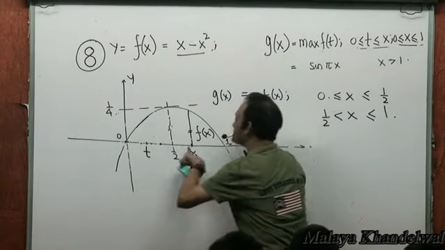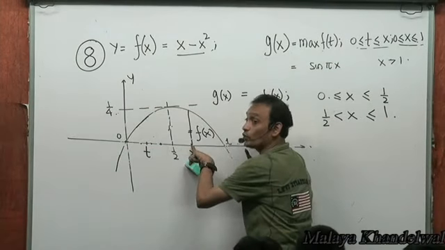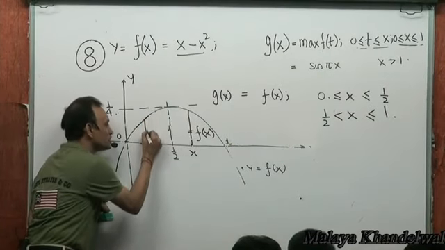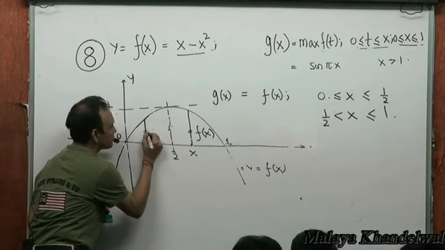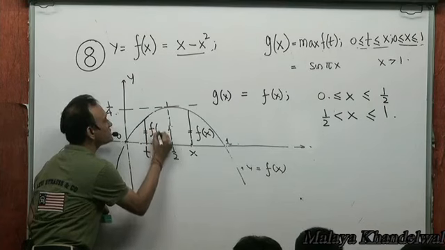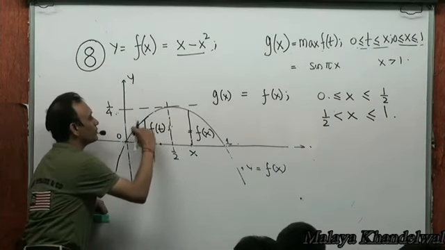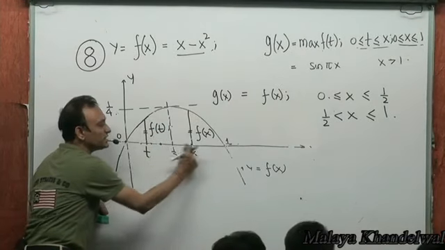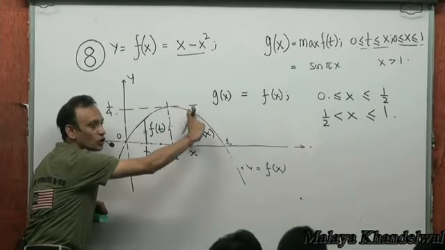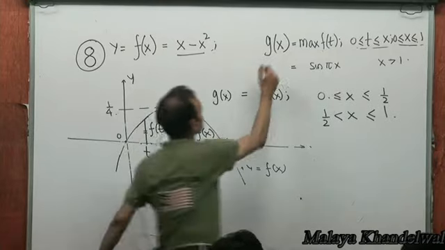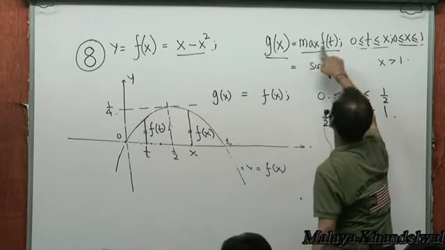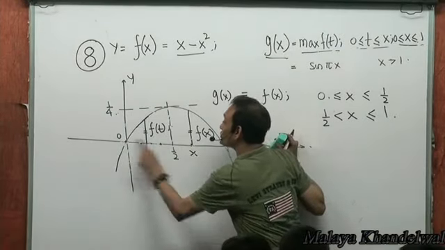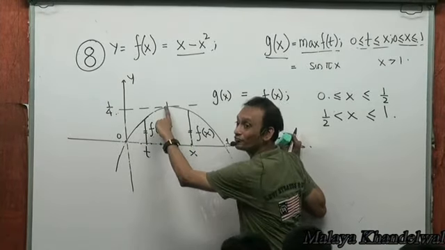While it does so, all these f(t)'s are produced. Of all the f(t)'s produced, select the greatest f(t). So if x lies here, what's the greatest f(t) produced? 1/4.